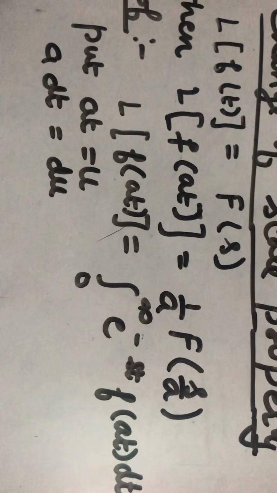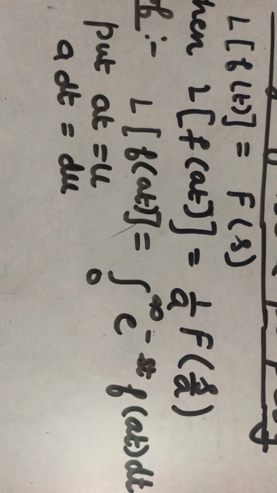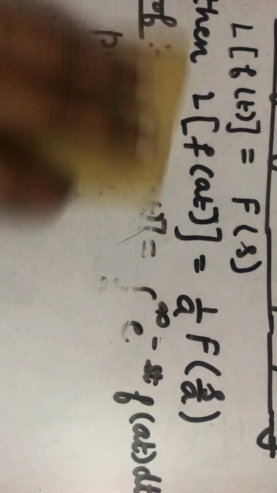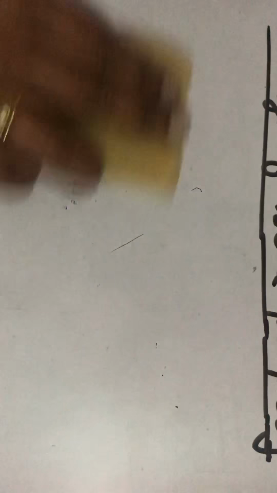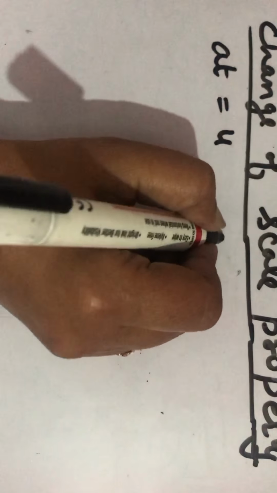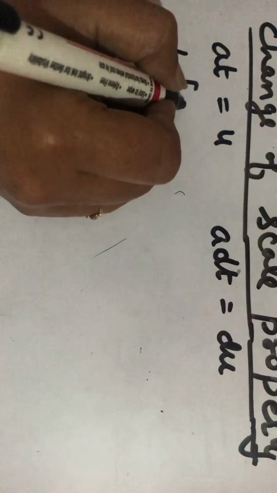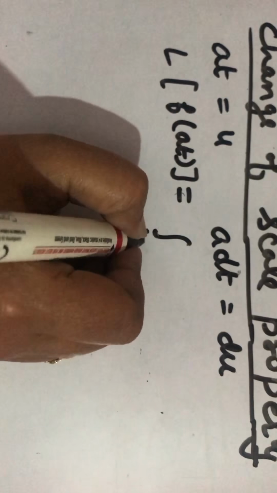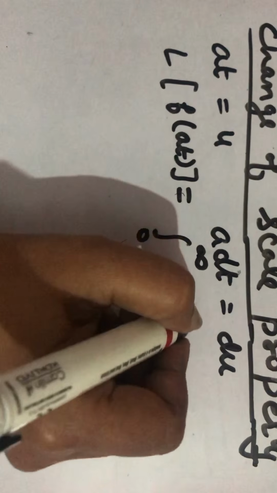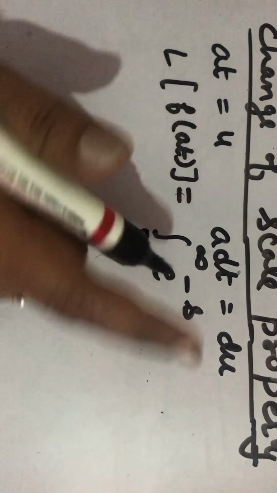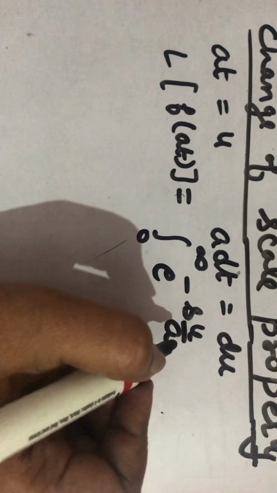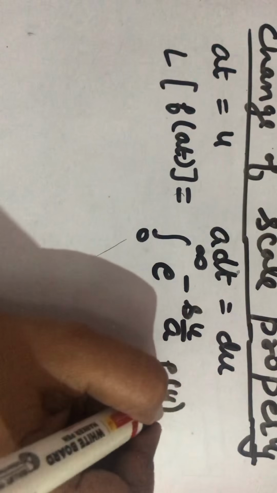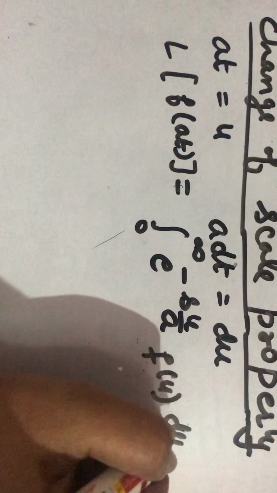So Laplace transform of f(at) will be equal to 0 to infinity e raised to power minus s. Now value of t is u by a, s u by a, f(u), and dt is du by a.